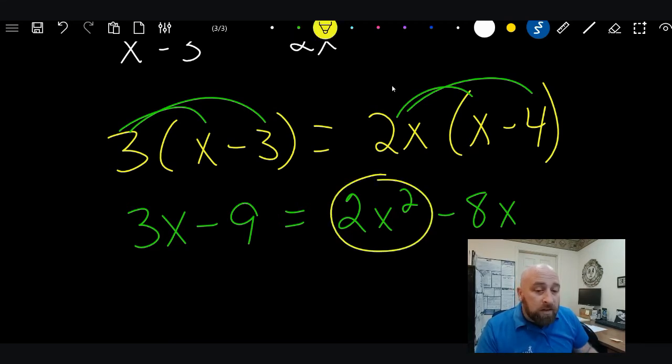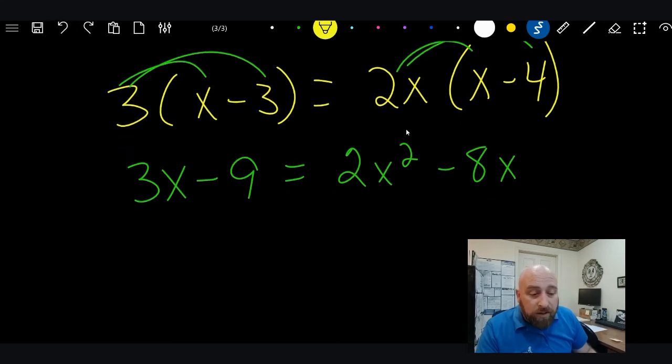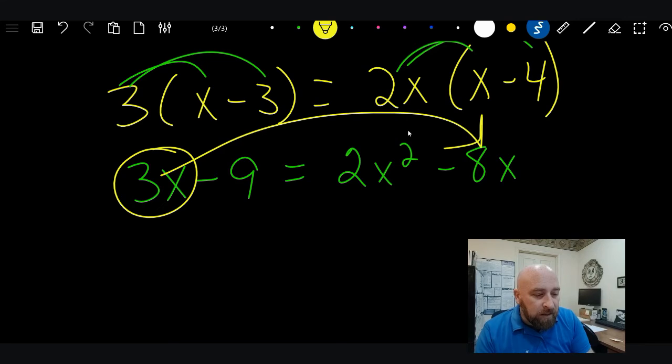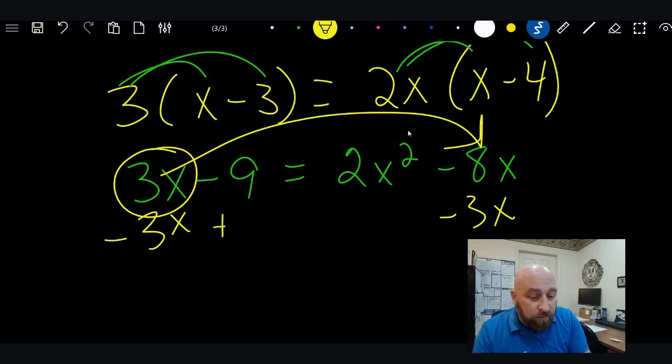Okay. Well, what's going to happen right here is this is actually going to turn into a quadratic equation. What do you mean? Here's what I mean. Start solving it. Start moving things to one side. And you say, well, but I have an x squared. It's okay. So just kind of move this over here, so minus 3x, and move this over here, plus 9.